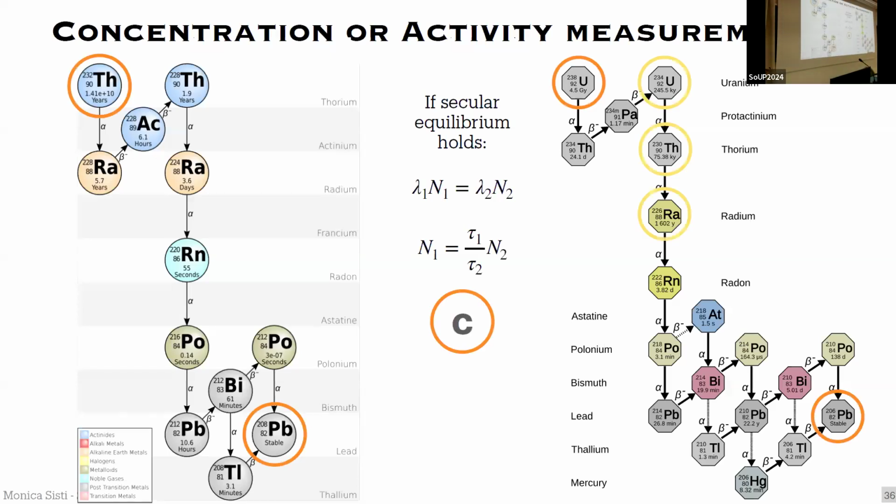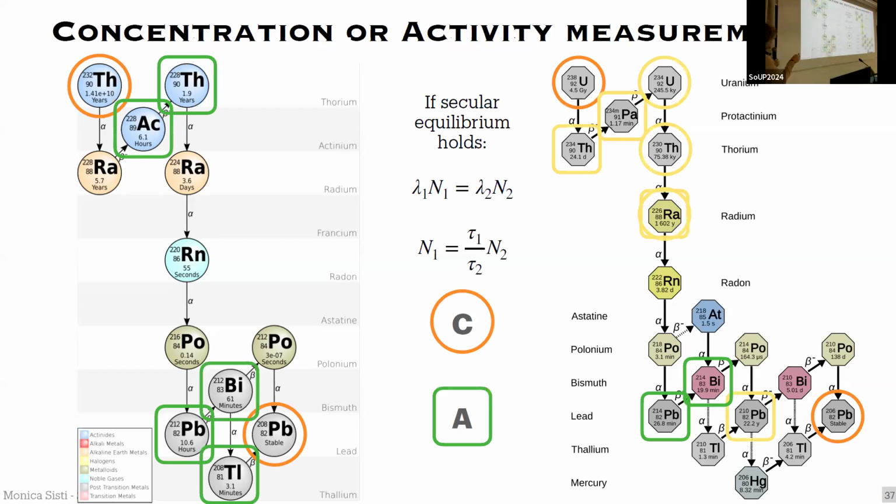So these circles, when they are orange, mean the best measurement with, for example, ICP-MS, and yellow means very difficult measurements that can still be done, but with very special measurements and are not straightforward.